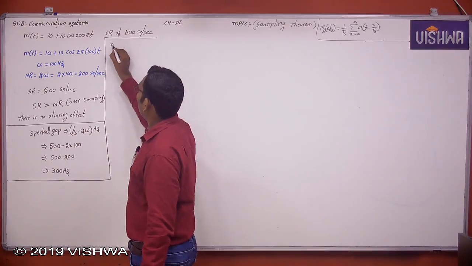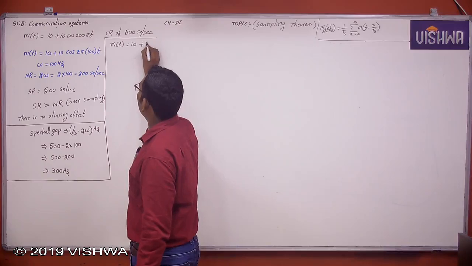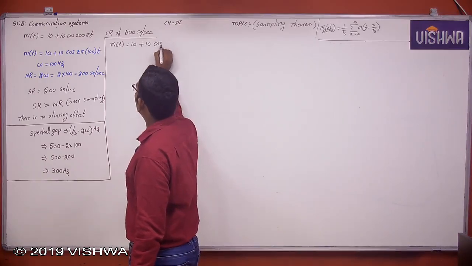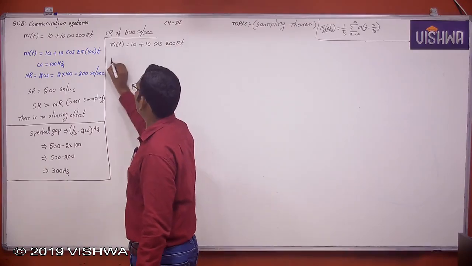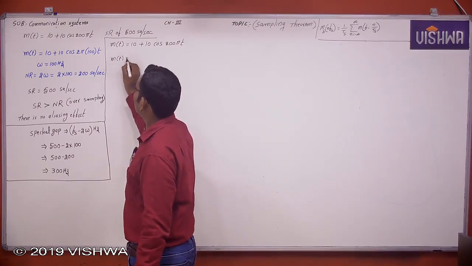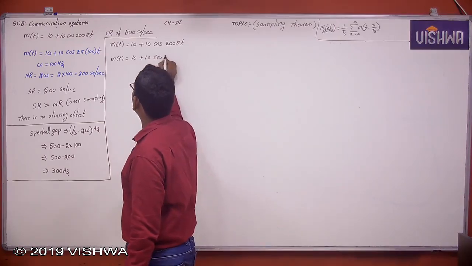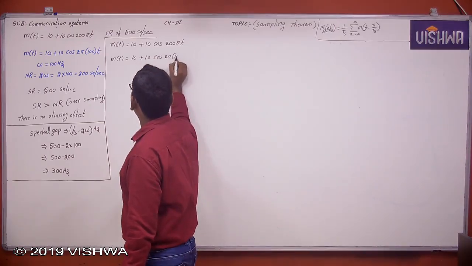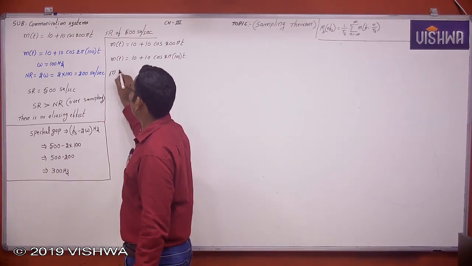Now m of t is equal to 10 plus 10 cos 200 pi t, therefore m of t is 10 plus 10 cos 2 pi into 100 into t. Therefore what is m of f?